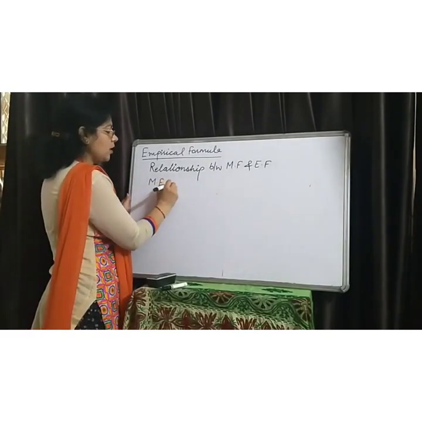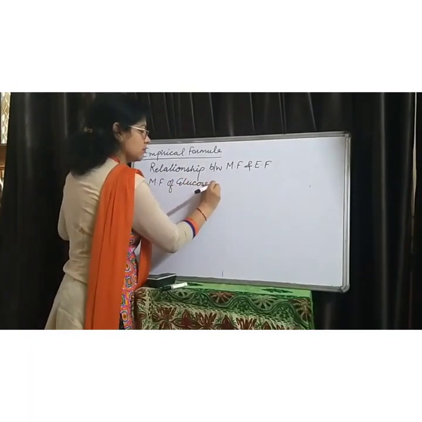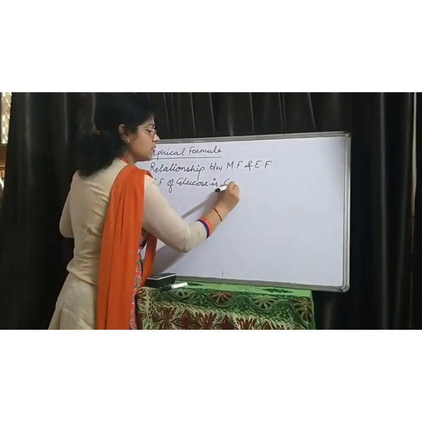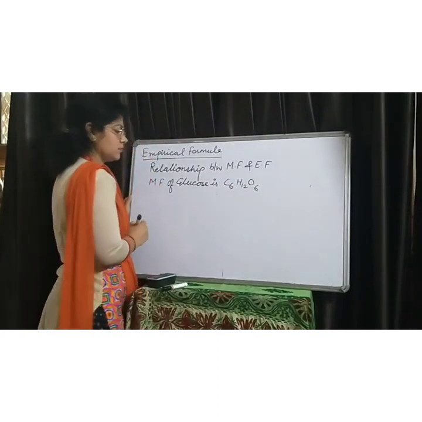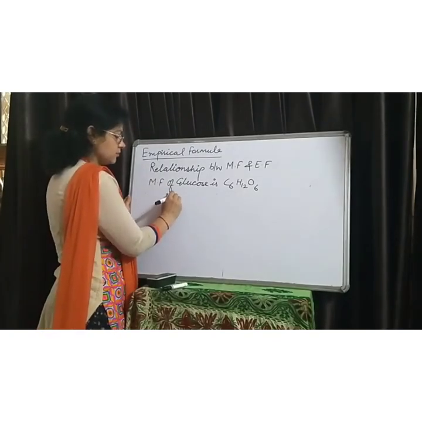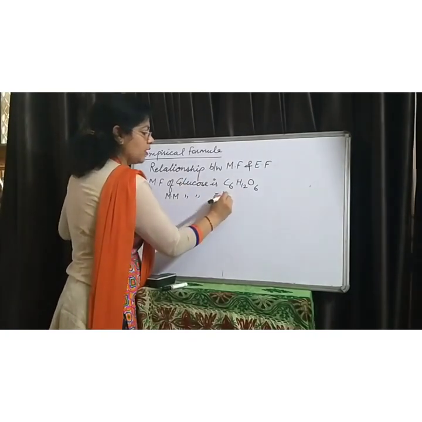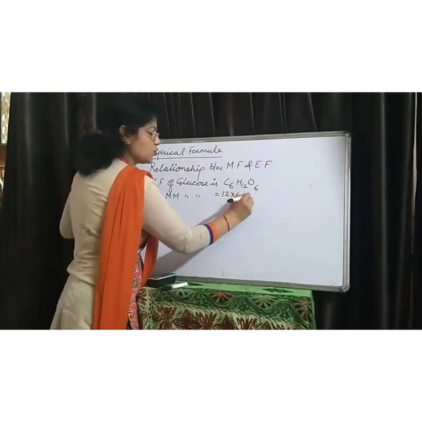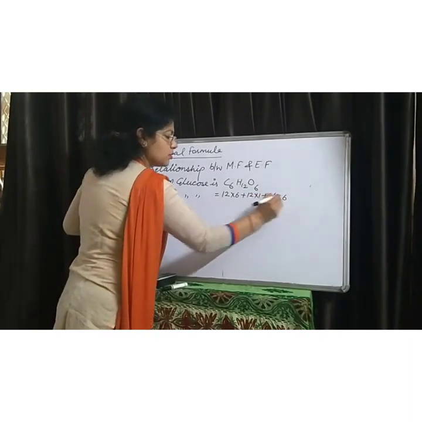The molecular formula of glucose is C6H12O6 and its molecular mass is 12 into 6 plus 12 into 1 plus 16 into 6.